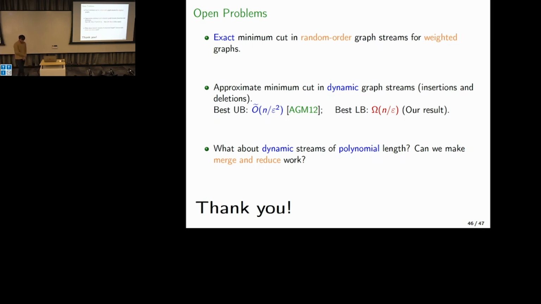Right, that's a nice question. If you look at min cut, like I showed, in 2 passes you can solve it exactly in O tilde n space. So even studying approximate min cut for multiple passes wouldn't make sense in semi-streaming. But like you said, what about little o of n space? I don't know if people have studied this.